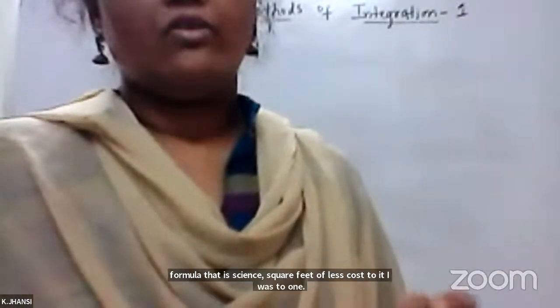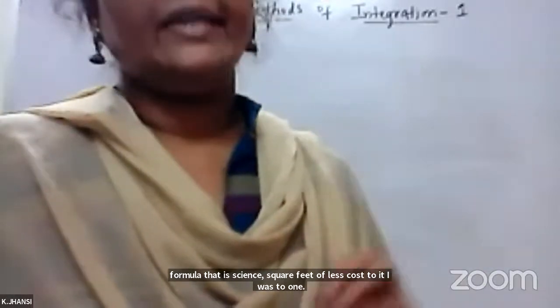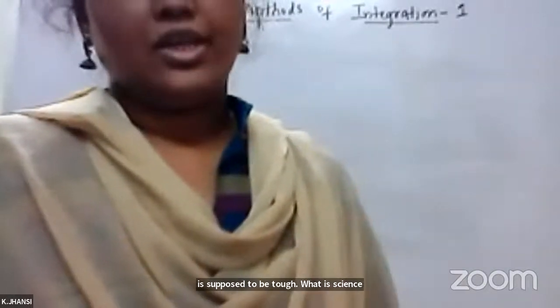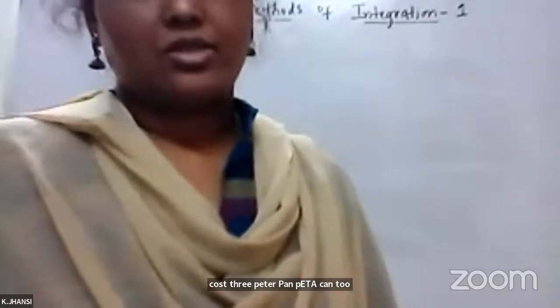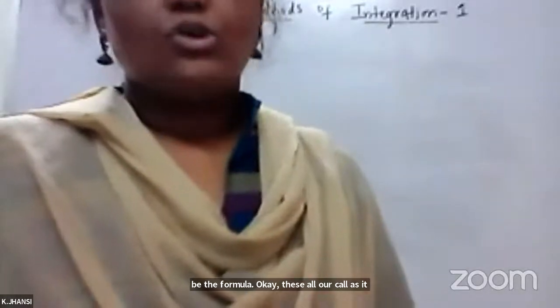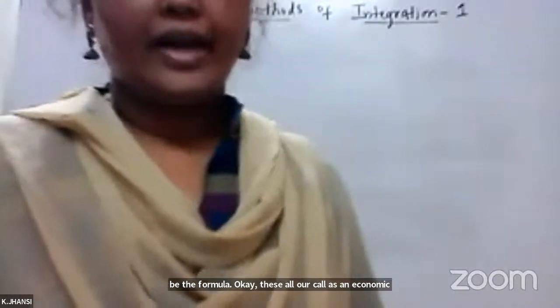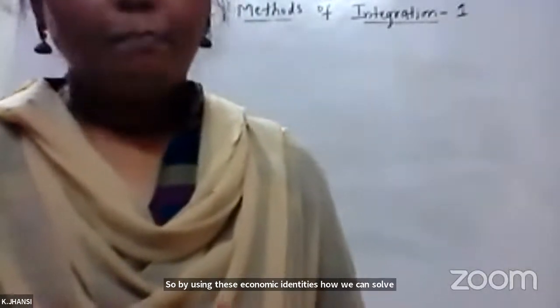Or else what is sine 2 theta, cos 2 theta, sine 3 theta, cos 3 theta, tan 2 theta formulas. Okay, these all are called trigonometric identities. So how we can solve integration using these trigonometric identities, that is the B part.